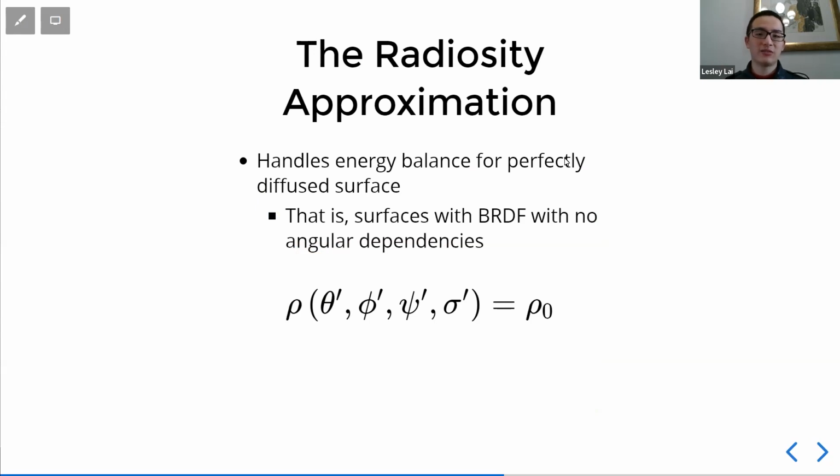Now there is a radiosity approximation, which also got introduced in 1984. Radiosity is kind of tricky because it can only handle energy balance for perfectly diffuse surfaces. So we can see that this BRDF has no angular dependencies, because with all these different angles as input, we just get a constant.